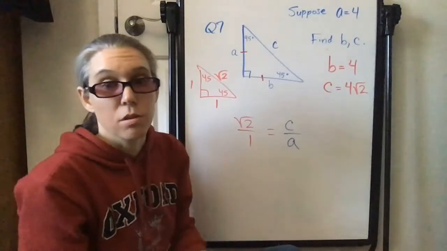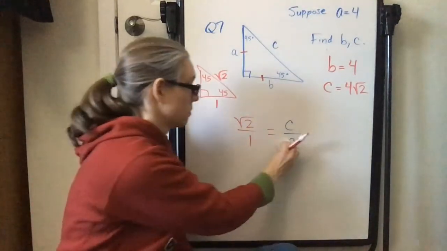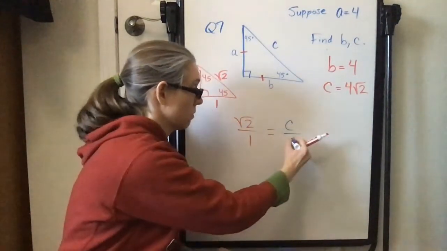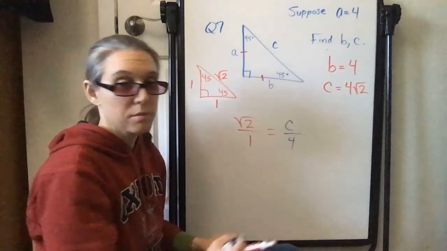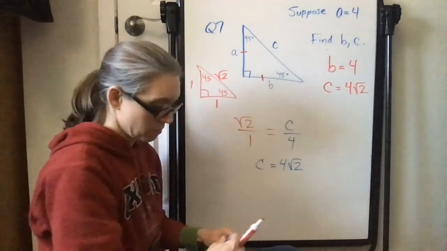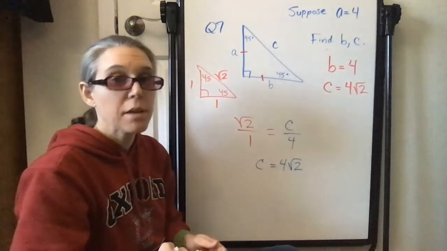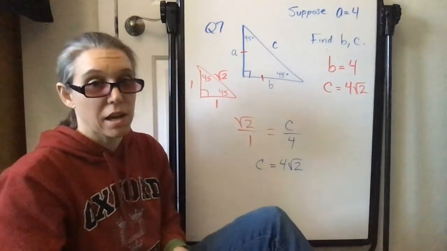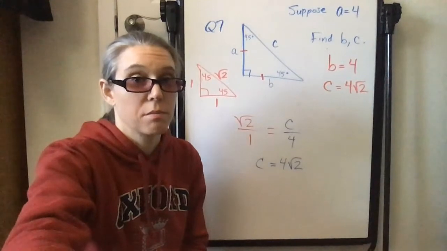Replace A with 4. Cross multiply. C is equal to 4 root 2. Now, if you divide by the square root of 2, you will need to rationalize the denominator.